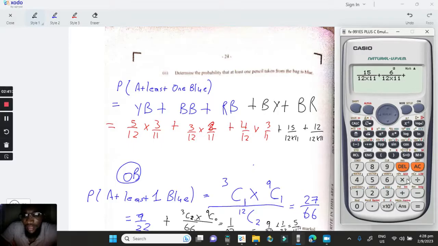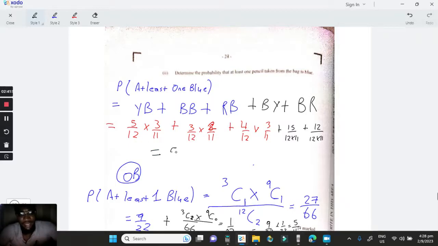Plus this one was 12, plus this one was 15, and this one was 12. Here we go, so you get the same answer, guys.